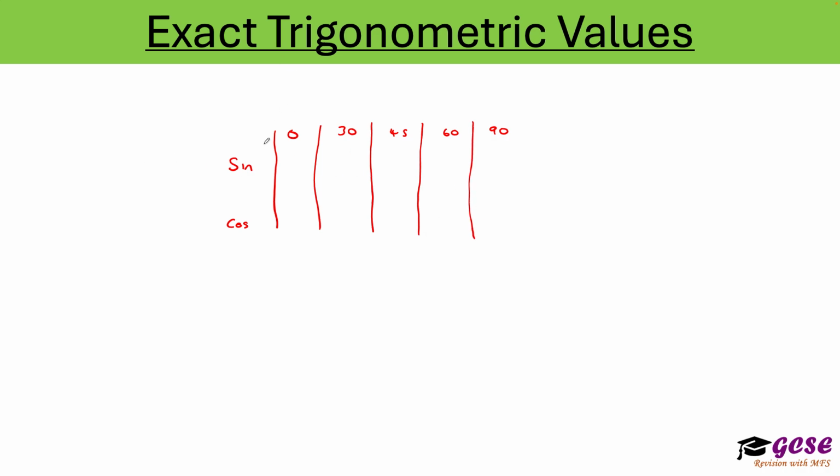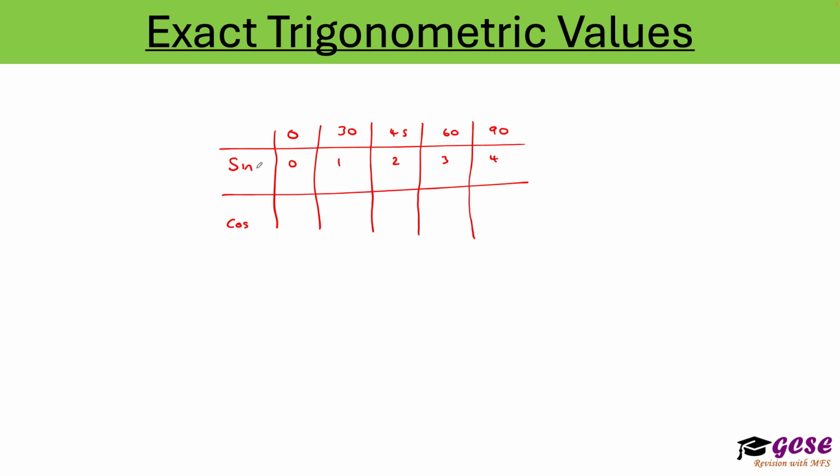So we've drawn ourselves sort of a mini table here. And basically there's a quick method. For sine, to work out the values of these angles, you start off by writing 0, 1, 2, 3, 4 in ascending order. So 0, 1, 2, 3, 4.